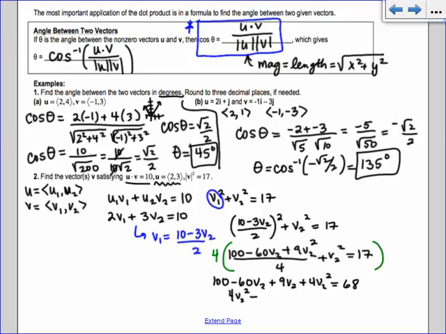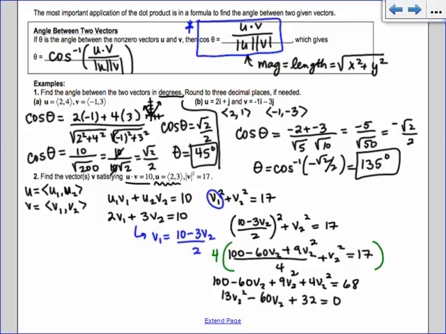I did forget a squared. Oh, so lucky I caught that. I could have gone this whole time. It would not have been fun. All right, so I have 13v2 squared minus 60 v sub 2 plus, I believe it's 32, equals 0.